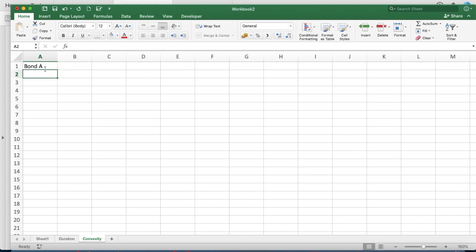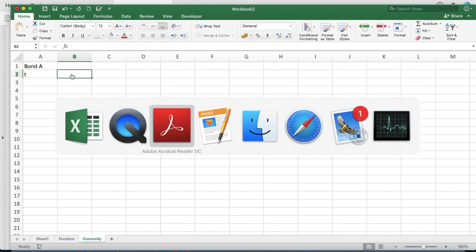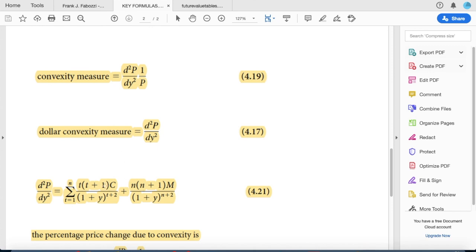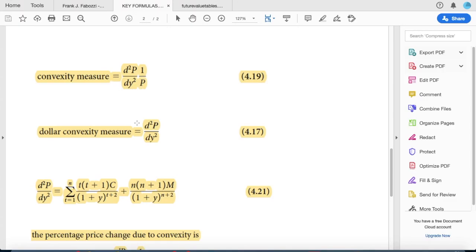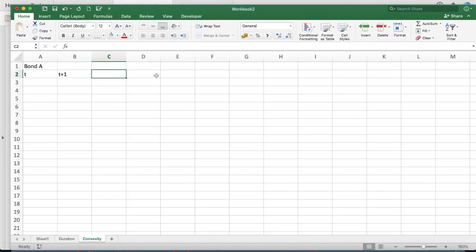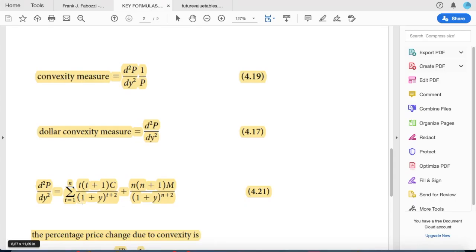So we'll also build a new table. The first row will be for T. So we need the T, we need also the T plus 1. So we'll build another one, T plus 1. Then we need the coupon payment, the C. Then we need the 1 plus y power T plus 2.